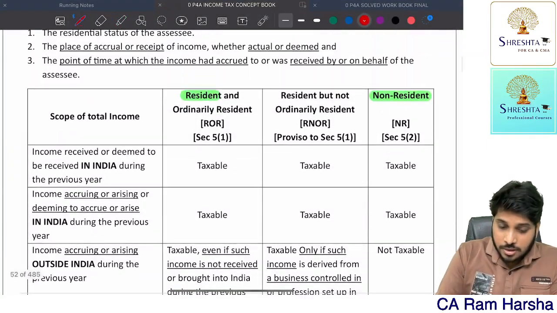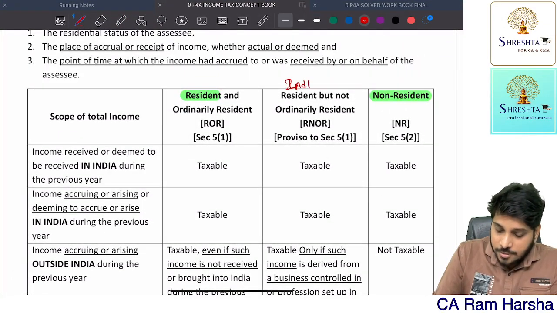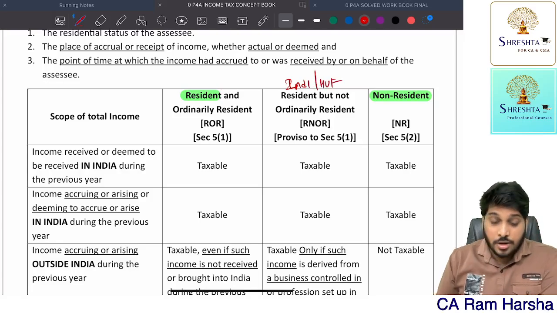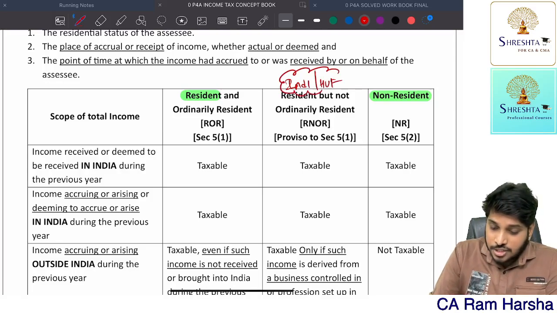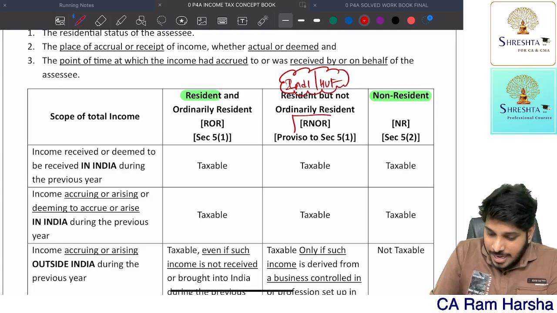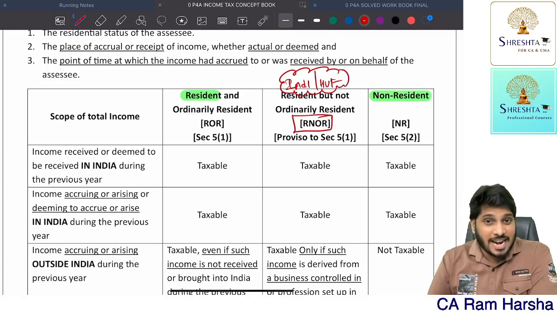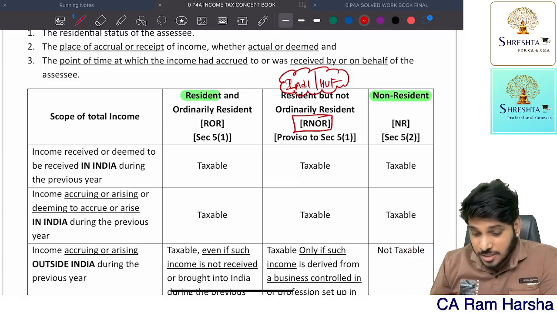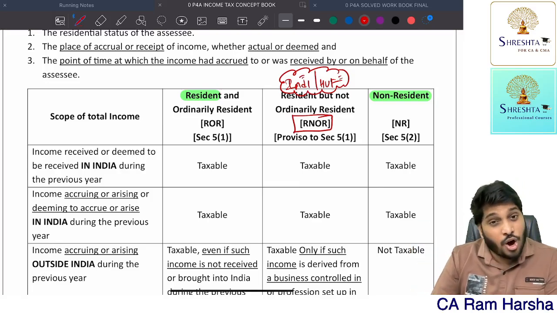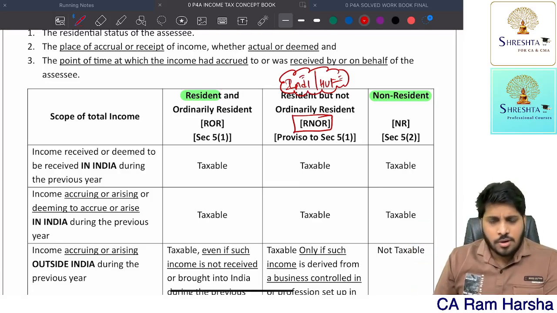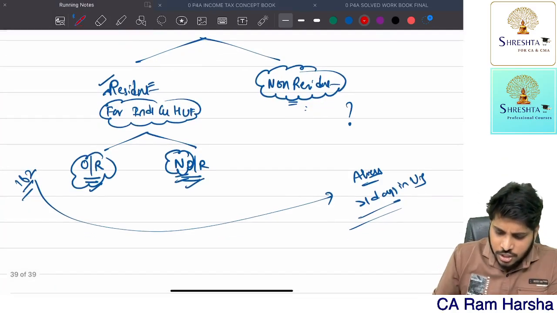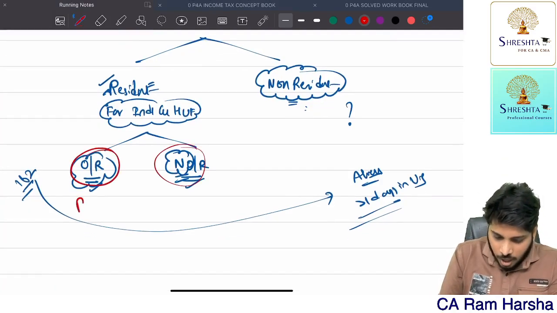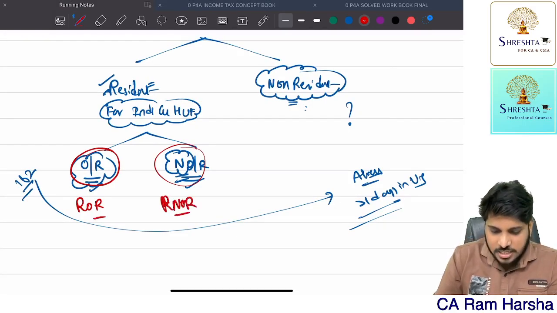Only for individuals or HUFs, this middle category will apply. This middle category is for which type of taxpayers? If the taxpayer is an individual or HUF. Only for individual and HUF, this kind of ROR, RNOR classification will apply.